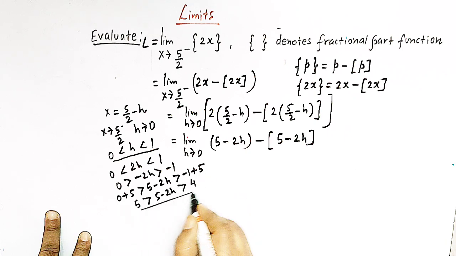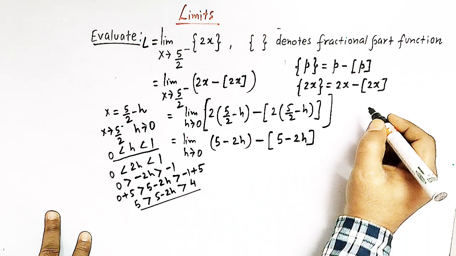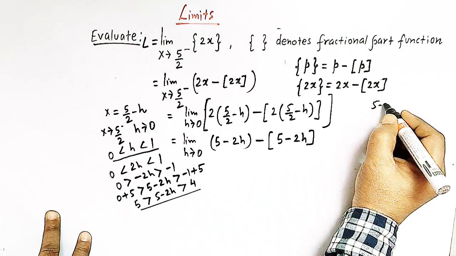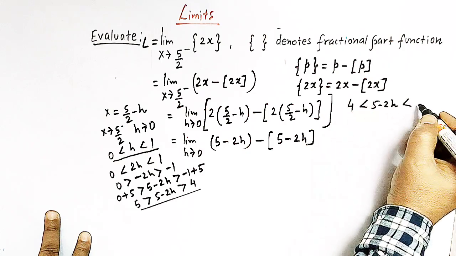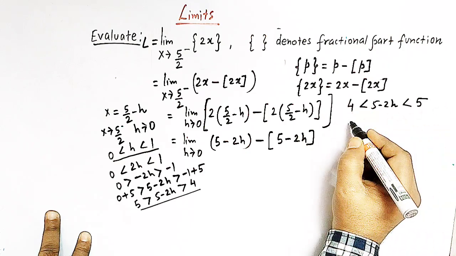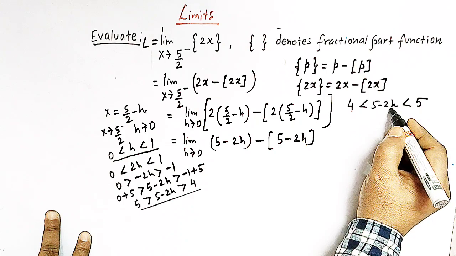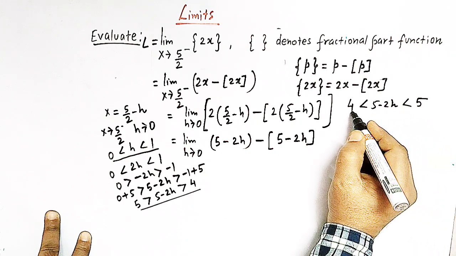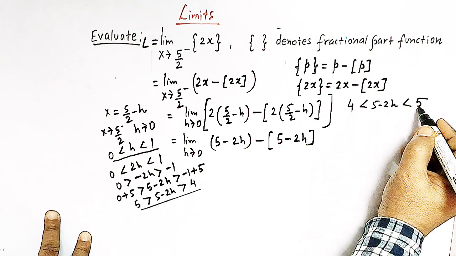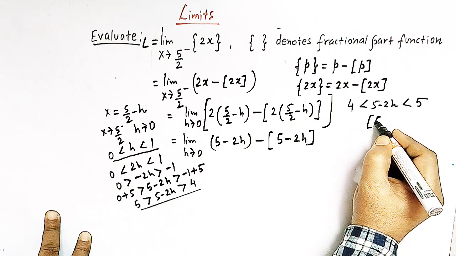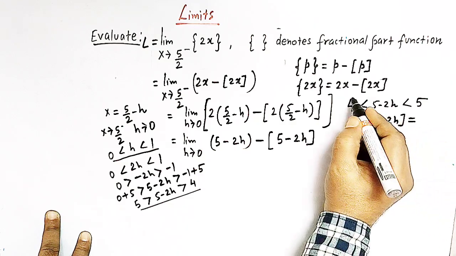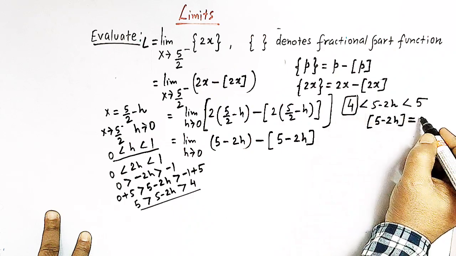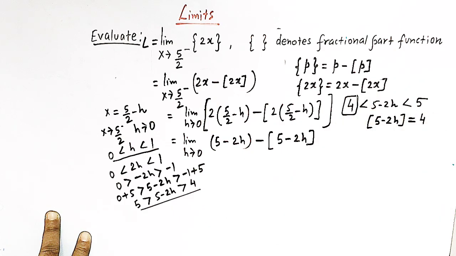So 5 minus 2h is greater than 4 but less than 5. It lies between 4 and 5, so the greatest integer of 5 minus 2h is 4, by the definition of the greatest integer function.